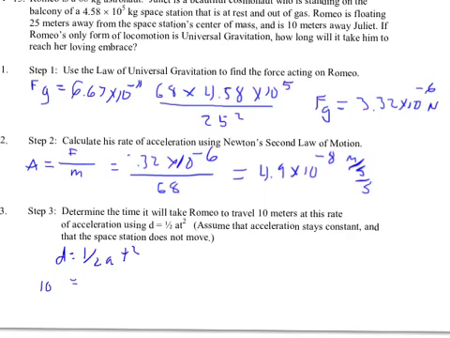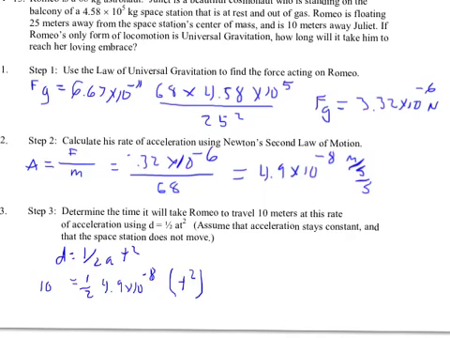Half of a, and a is 4.9 times 10 to the negative 5th, no, 10 to the negative 8th, times t squared, and I don't know what that is.